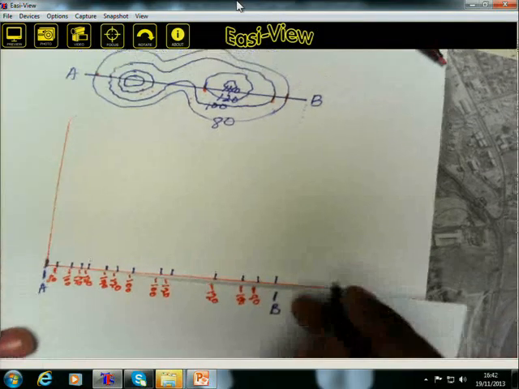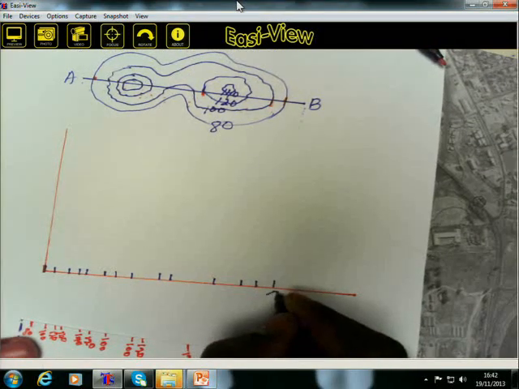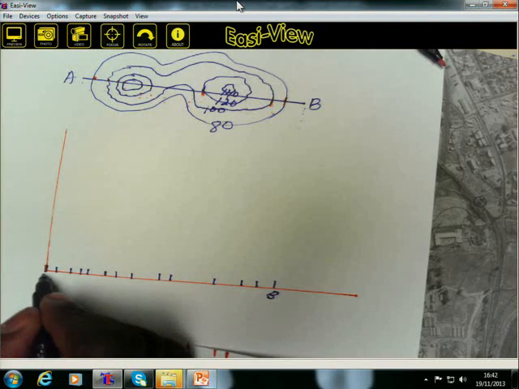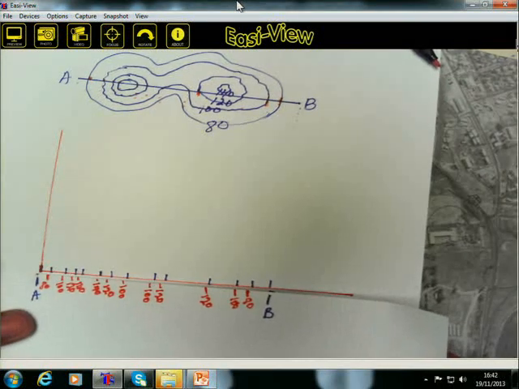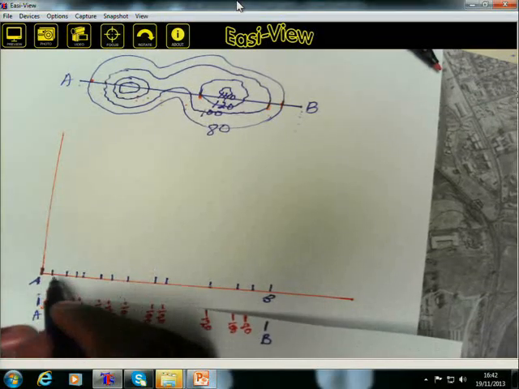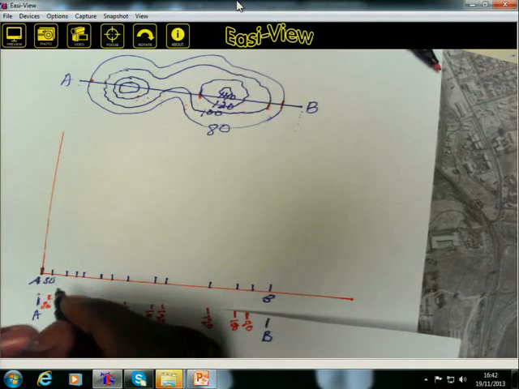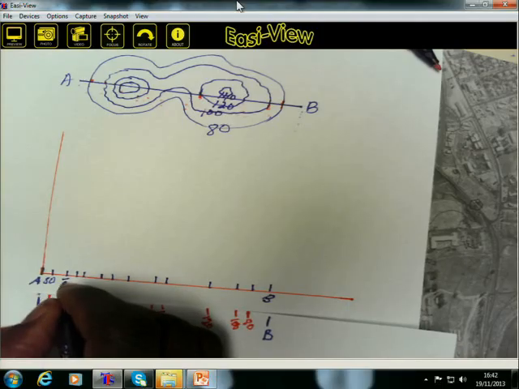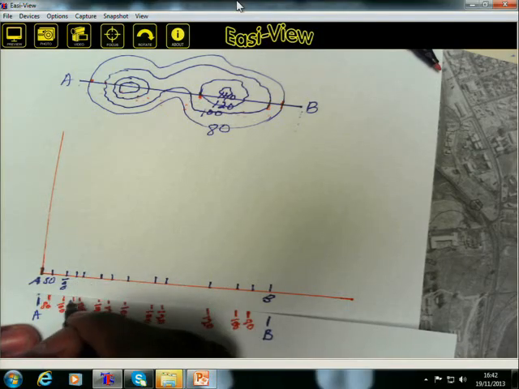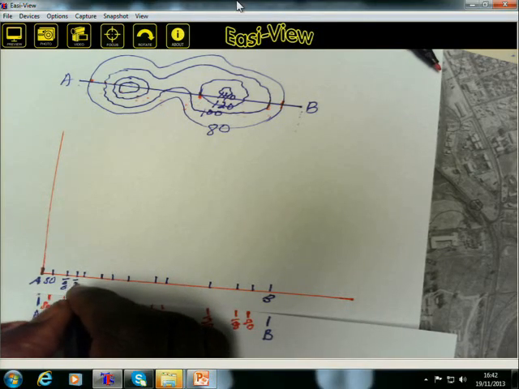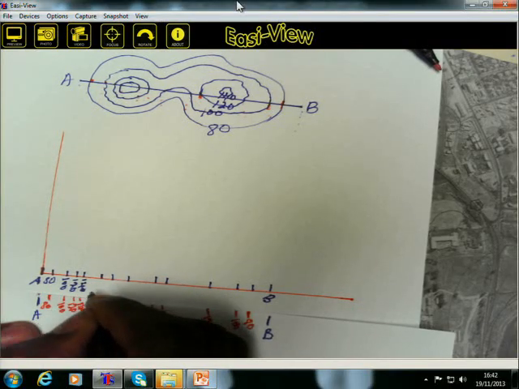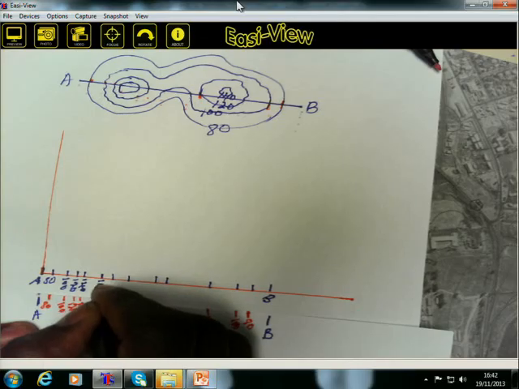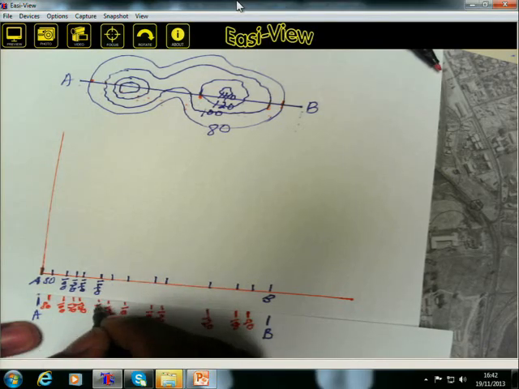Then here you've got B, and here we've got A. Now let me transfer them: 100, 120, 140, another 140, which is this one.